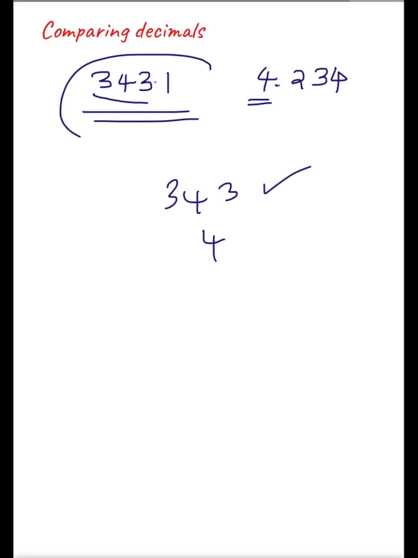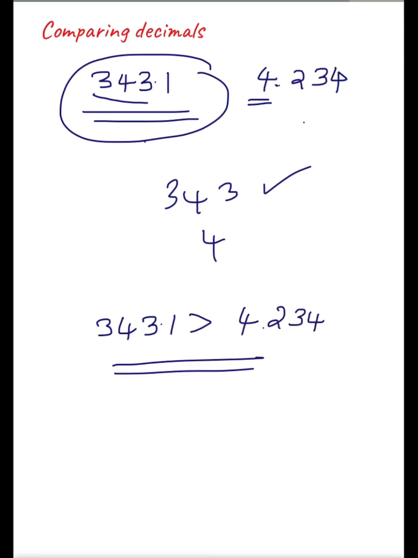So you can say 343.1 is greater than 4.234. In this way you can compare. This is the first thing you have to consider, that is, compare the whole number part.